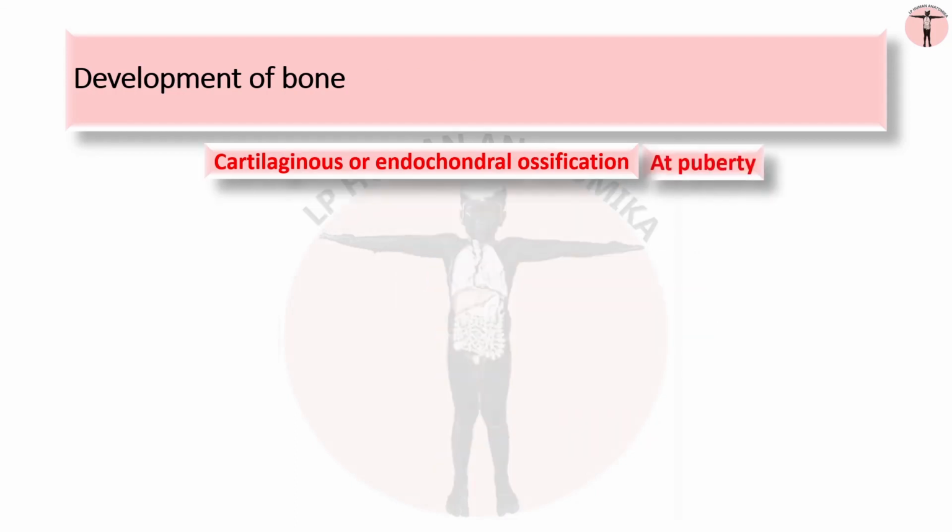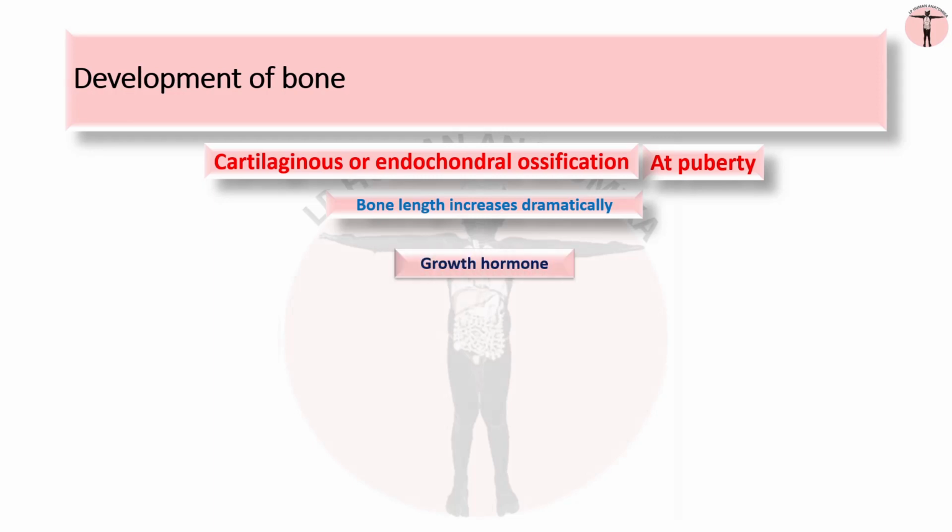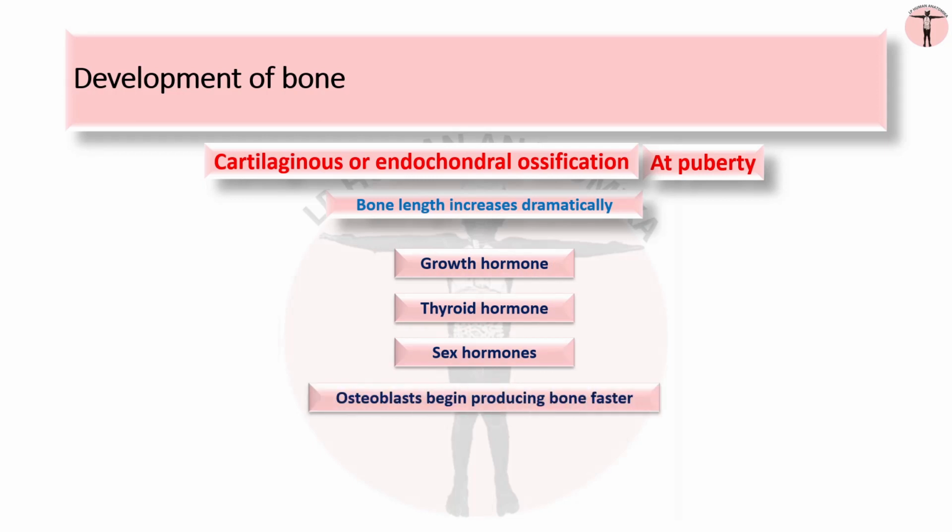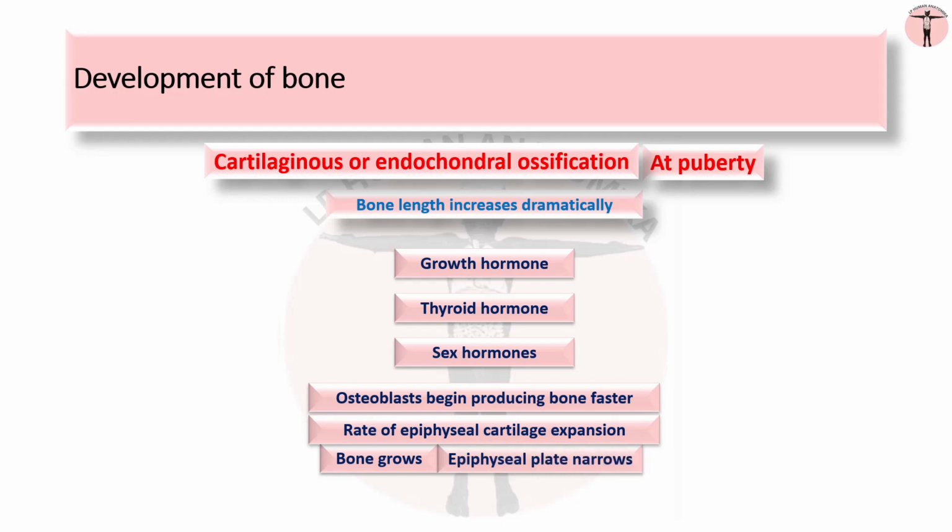At puberty, growth in bone length is increased dramatically by the combined activities of growth hormone, thyroid hormone, and the sex hormones. As a result, osteoblasts begin producing bone faster than the rate of epiphyseal cartilage expansion. Thus, the bone grows while the epiphyseal plate gets narrower and narrower and ultimately disappears.